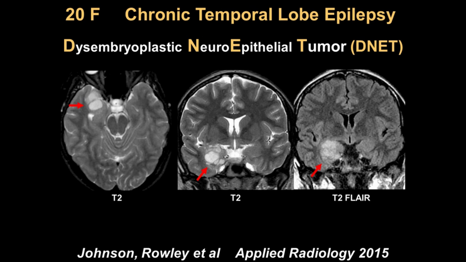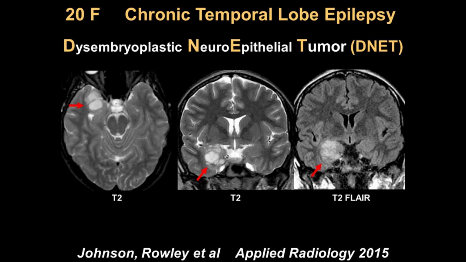So what are some of the other substrates we might encounter in refractory epilepsy patients? Here's a 20-year-old woman with more than 10 years of refractory temporal lobe epilepsy, yet she's found to have a specific type of tumor, a dysembryoplastic neuroepithelial tumor, or DNET. These are what used to be called an oligoastrocytoma. They're a very benign tumor.